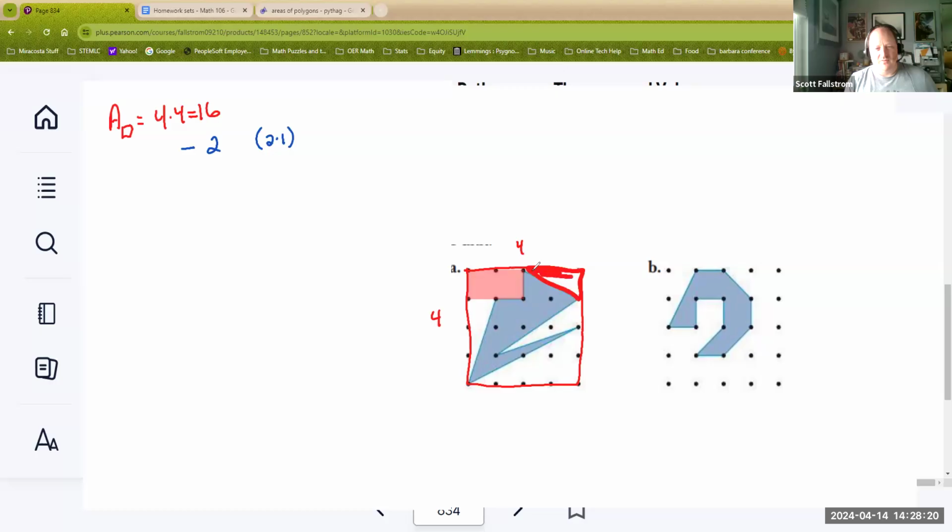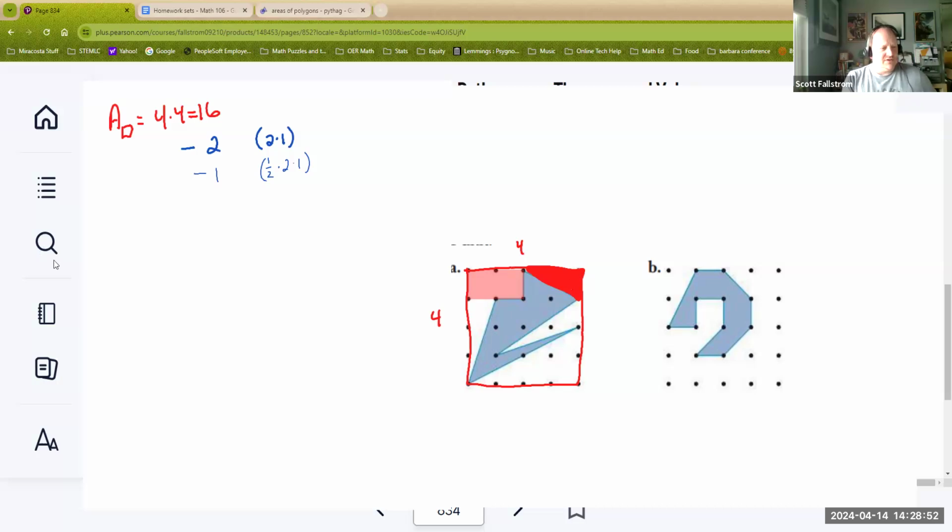This is a triangle that is 2 on the top by 1 on the side. It's a right triangle. So 2 by 1, but don't forget the formula is 1/2. It'd be 1/2 times 2 times 1. So half of 2 is 1, times 1 is 1. So I want to take away another 1. That takes care of those two pieces.